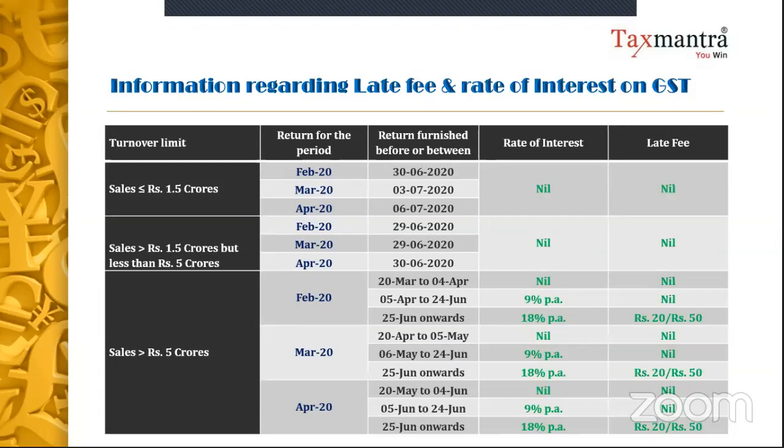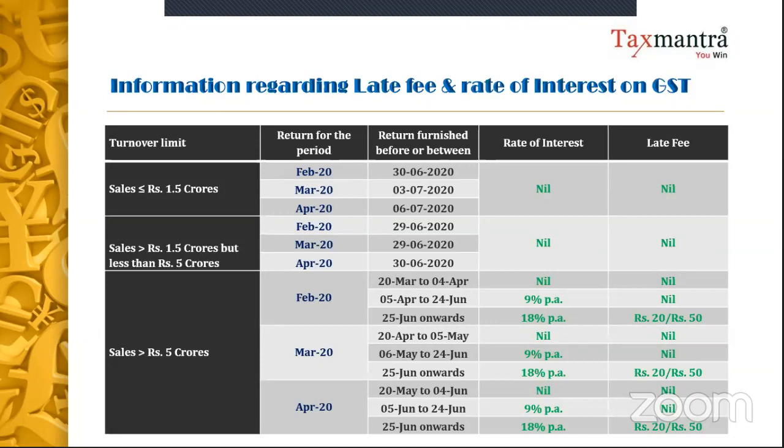If any taxpayer is able to make the payment of GST within these revised dates, in case of turnover less than 1.5 crore, he would not be liable for interest and late fees.